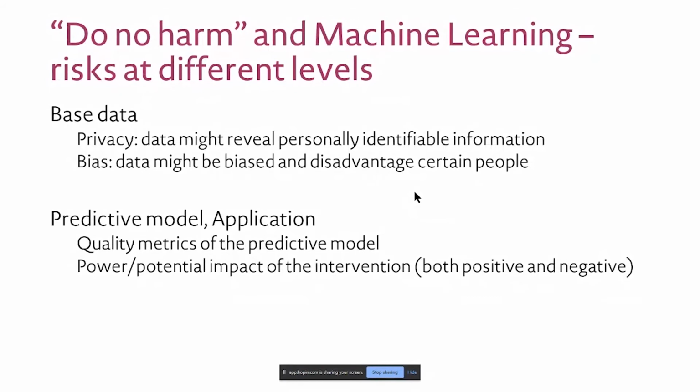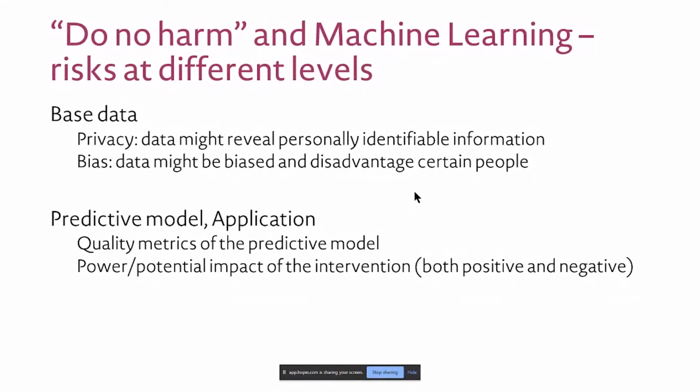And then the other two levels are at the level of the predictive model and at the level of the application. And here we need to look into quality metrics of the predictive model, but also not look at these in isolation, but try to look at these together with the application or the intervention that we are designing.